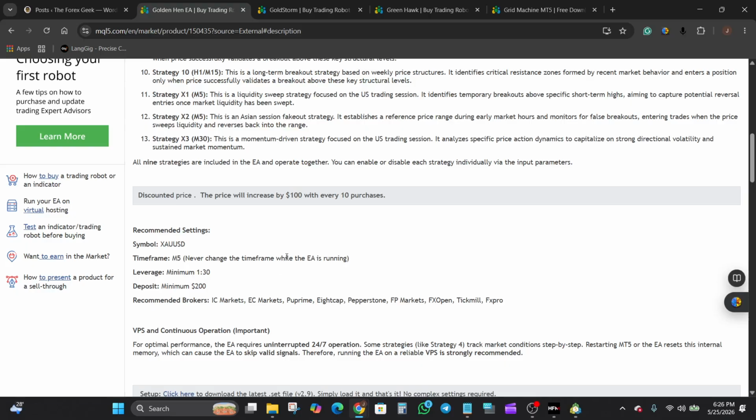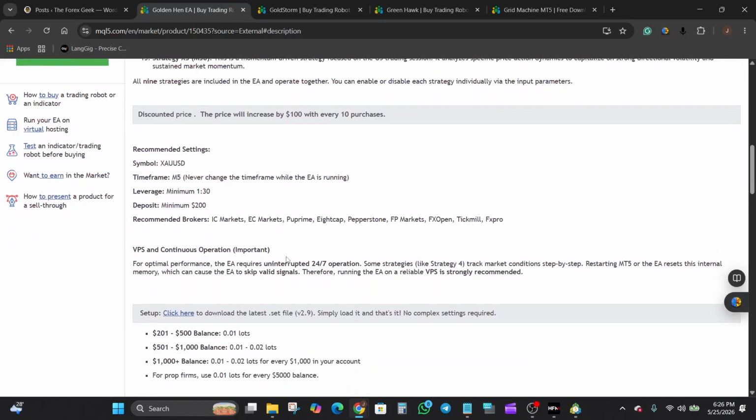It also mentions that uninterrupted operation is important, and some strategies rely on continuous market tracking. So running this on a stable VPS is recommended, to avoid interruptions that could reset internal logic. Now I'm going to switch into the strategy tester and run a historical backtest so we can observe how Golden Hen EA behaves on gold under real market conditions.